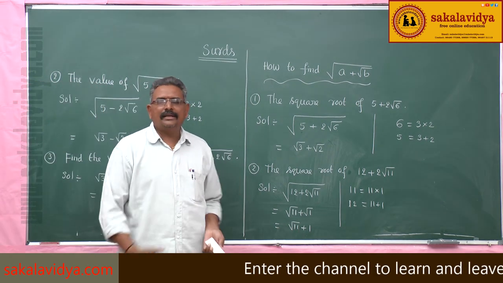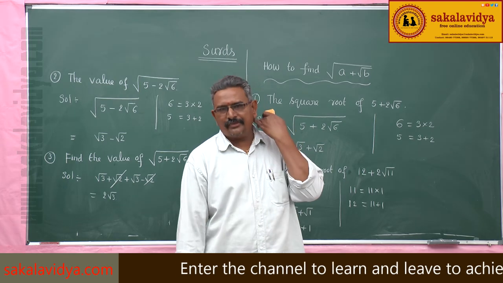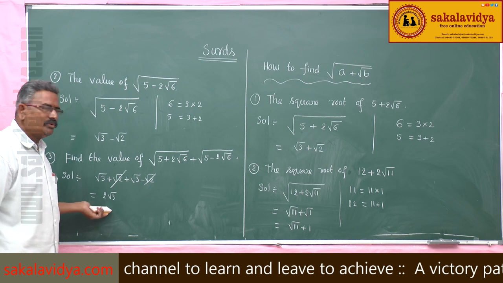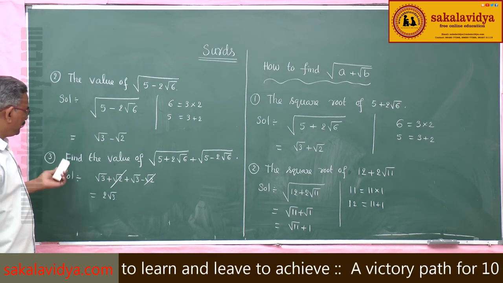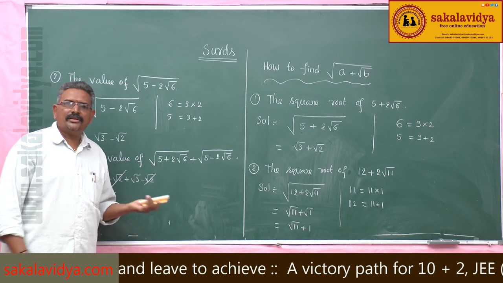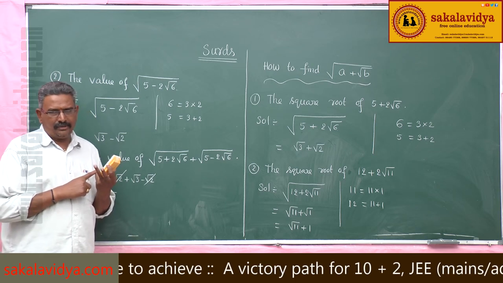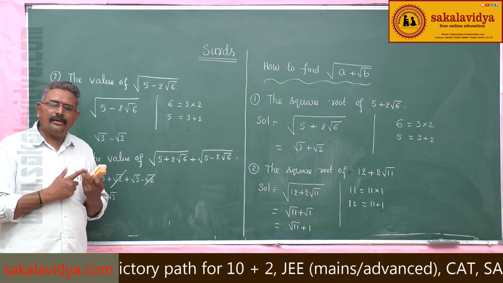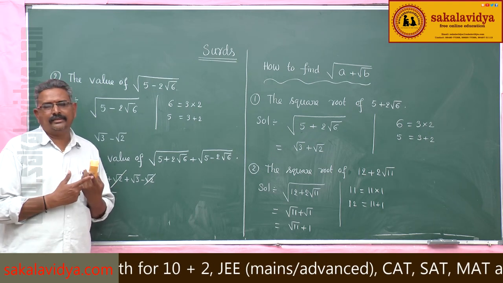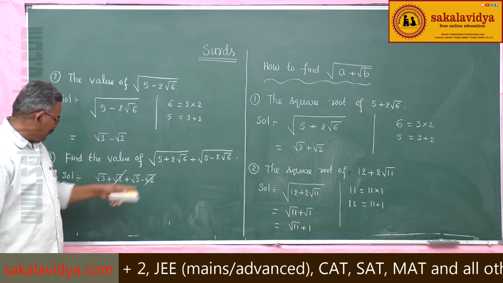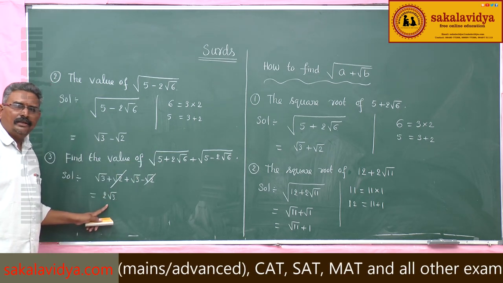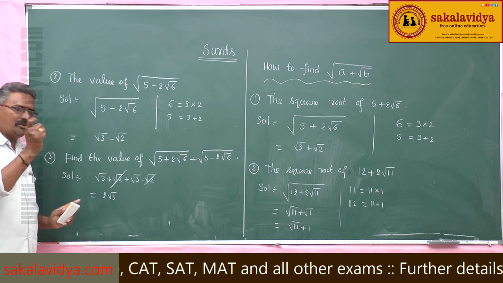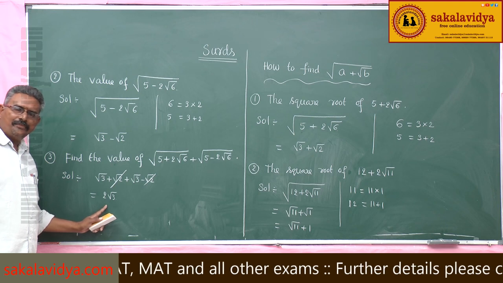Let us discuss what possible options we may have. One of the options may be 2 root 3, or the options may be given as: option A rational number, option B irrational number, option C whole number, option D natural number. If you see the answer here, 2 root 3 is nothing but an irrational number. So, we have to select the option irrational number.